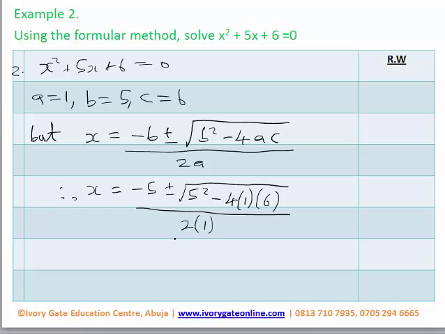So it's always better you plug in the values. It helps you to avoid making mistakes, and if you've made some mistakes, it helps you to identify them easily and correct them.